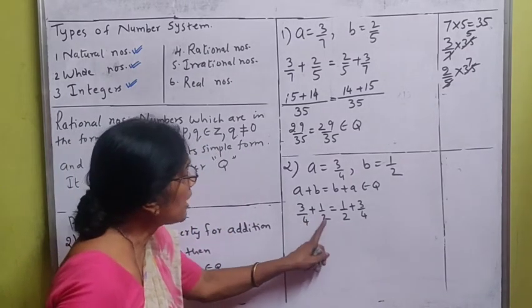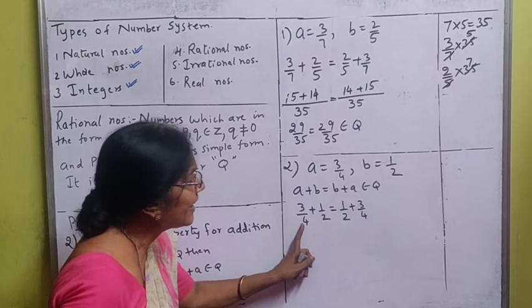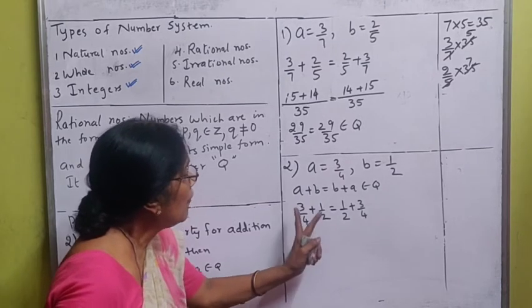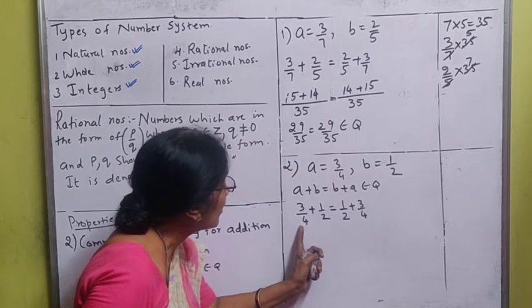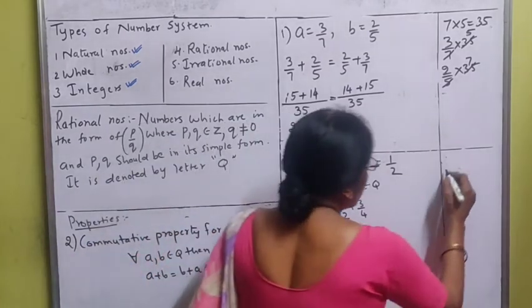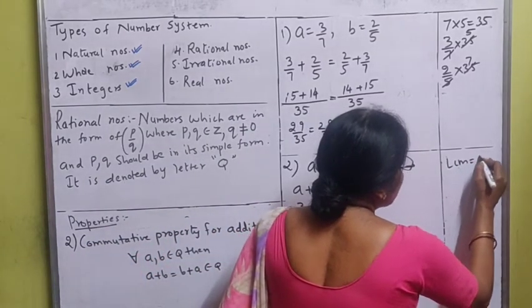In 4, 2 table is there, means 4 is the highest number. So when such numbers come, then you have to take the highest number as the LCM. So your LCM is equal to 4.